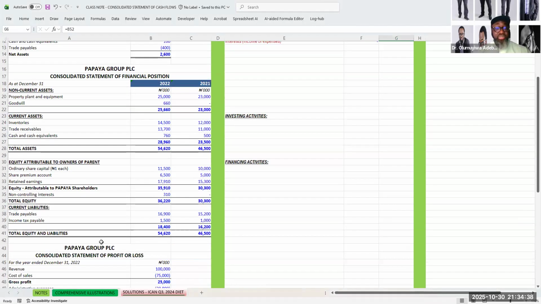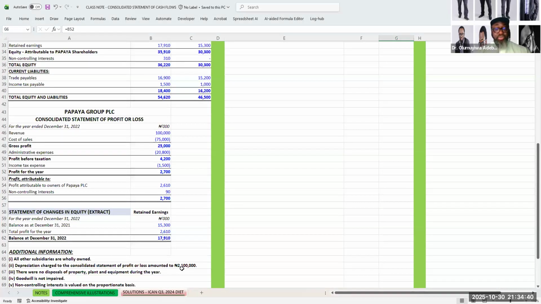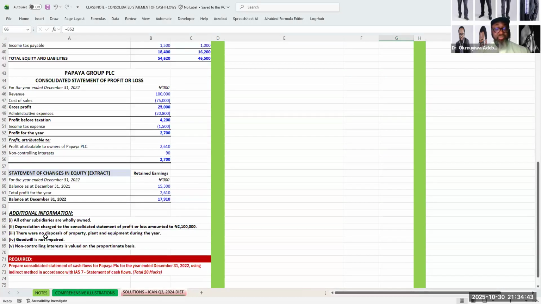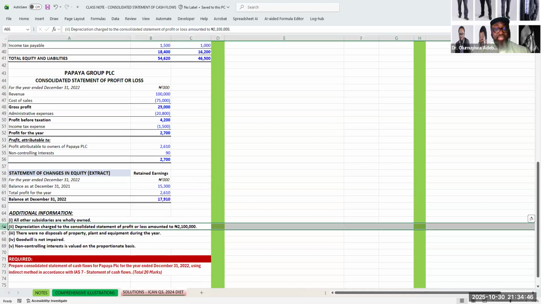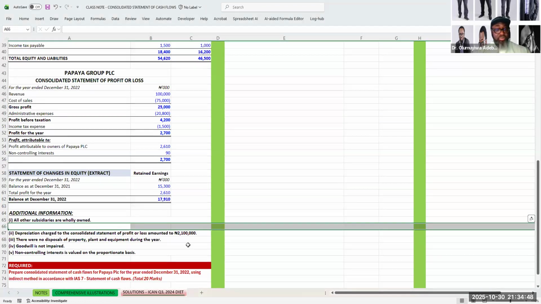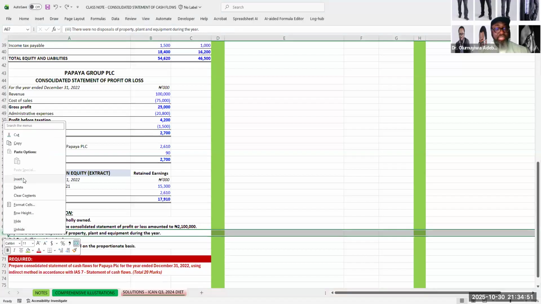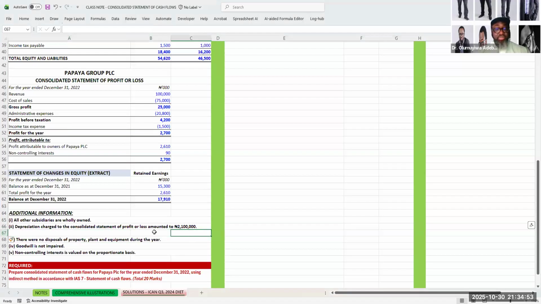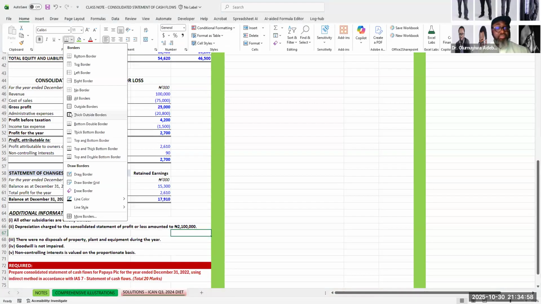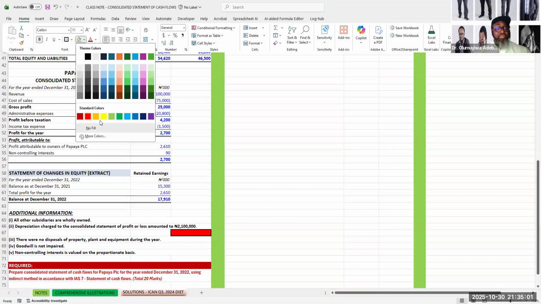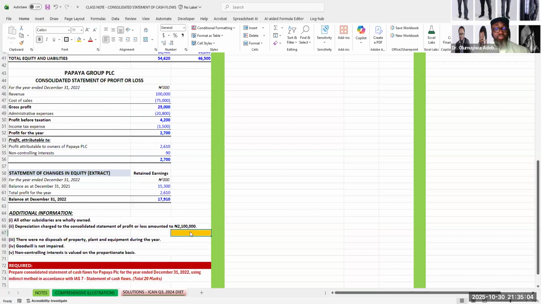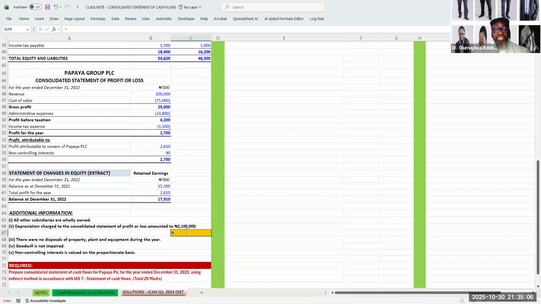Okay, depreciation is given to us a la carte. That's 2.1 million depreciation. Let me just create a line here so that I can always pick it up. Since all figures are in thousands, I can just say 2.1 million divided by 1,000.